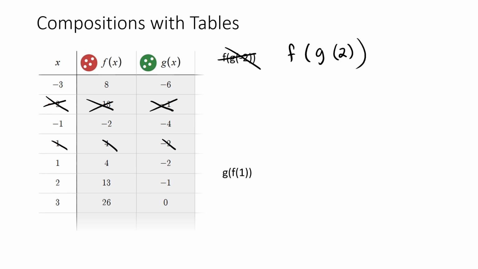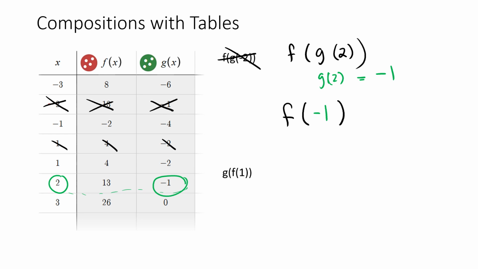So we're going to start with this g of 2 and literally go to the table and find out, well, what is that? So that would be plugging in a 2 for x, and then I just come over here and I see, look at that. So g of 2 is -1. So my problem then, instead of f of g of 2, I could say that is f of -1.